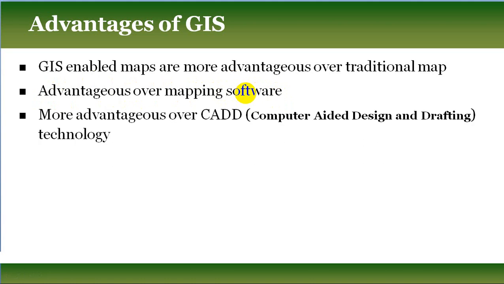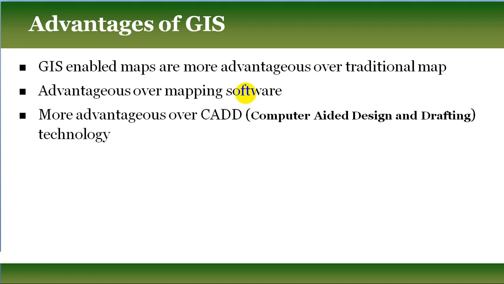GIS is more advantageous over computer-aided design and drafting technology. Now in this slide I am not going to discuss CAD elaborately, but for now, CAD is another type of older technology, still very popular, and this technology can also handle geographical data similar to GIS.